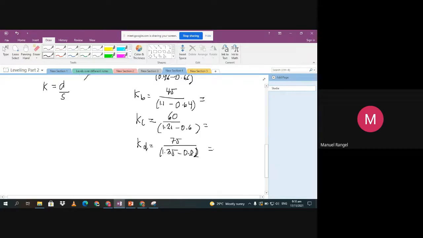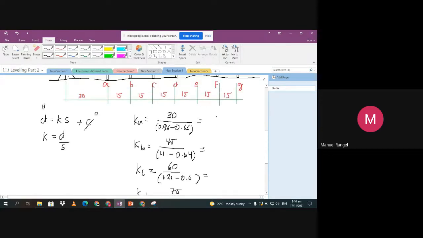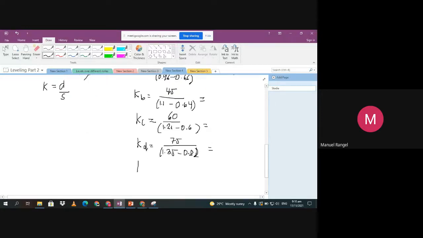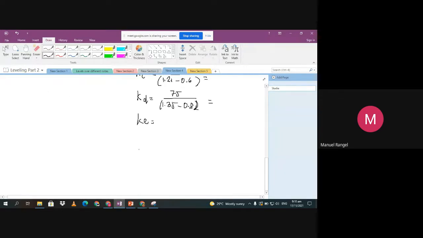So KA is equal to 100. Okay. KE, KF and KG.